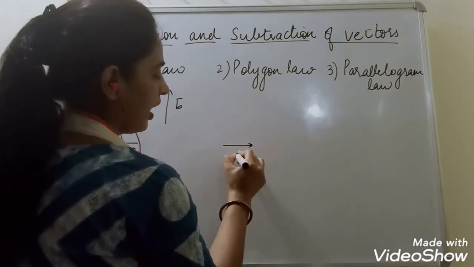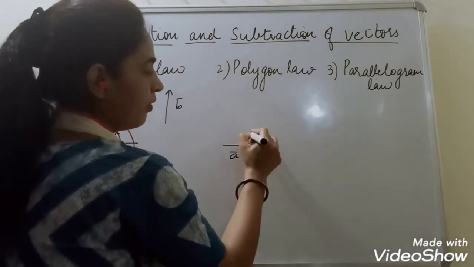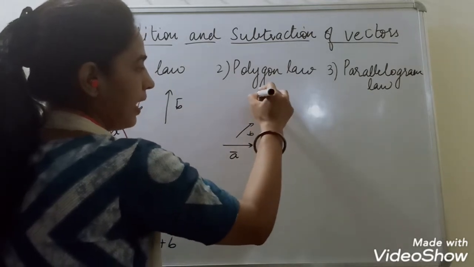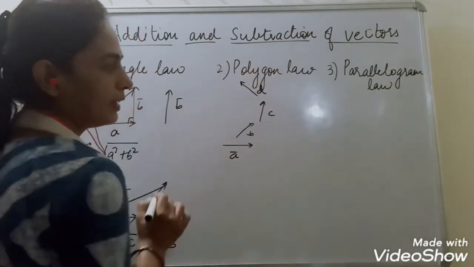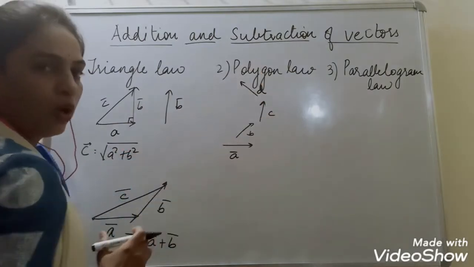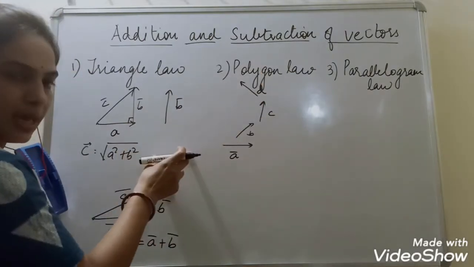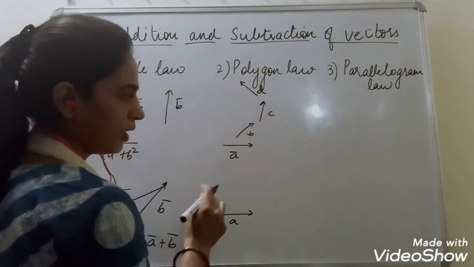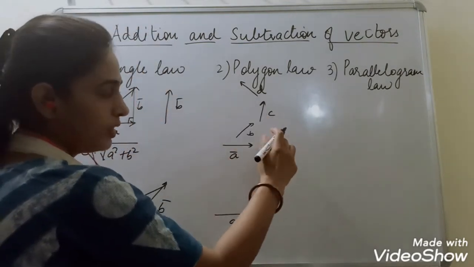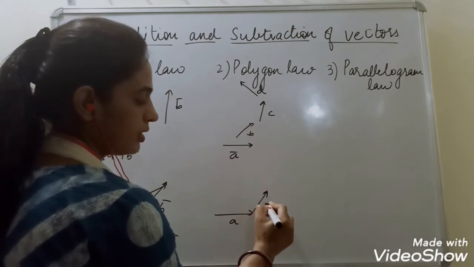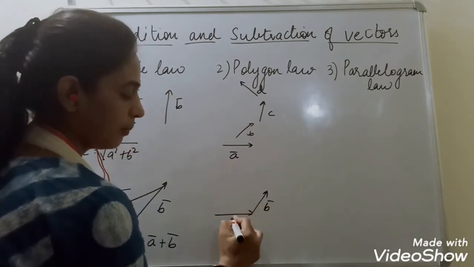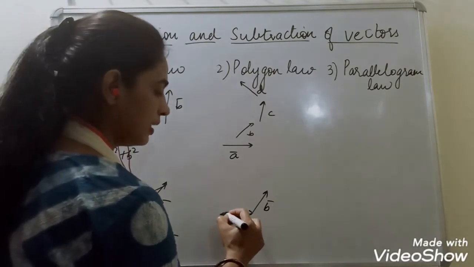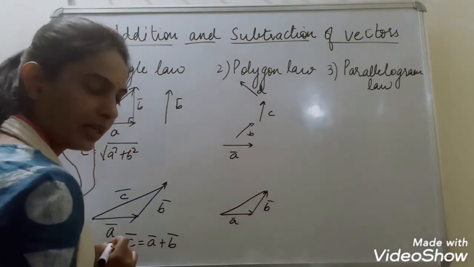Then the polygon law of vector addition is for adding more than two vectors. For example, if you have vector A like this, vector B like this, vector C like this and vector D like this, and you want to add all of them, then the rule is the same. Take the first vector, vector A, join the tail of the second to the head of the first, vector B. Okay, so according to the triangle law, we get the resultant of A and B like this.